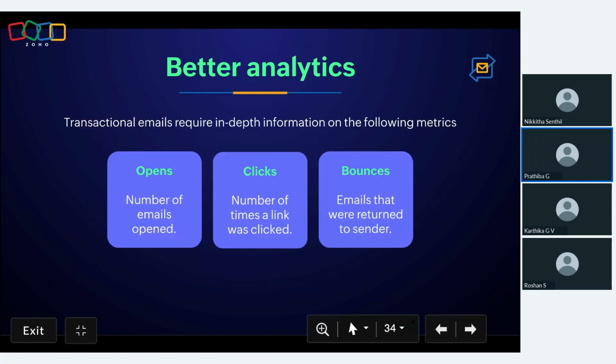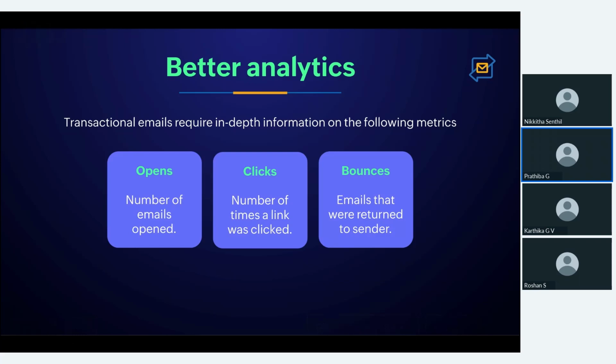Moreover, handling transactional emails requires information on specific metrics like opens, clicks, and bounces. So opens and clicks determine how the customers have interacted with the emails, while bounces will give information on recipient addresses that should be steered clear of. So a business solution will not give Sam in-depth information on these important metrics which are relevant to transaction emails.